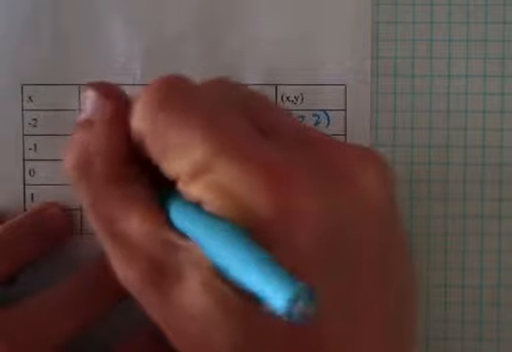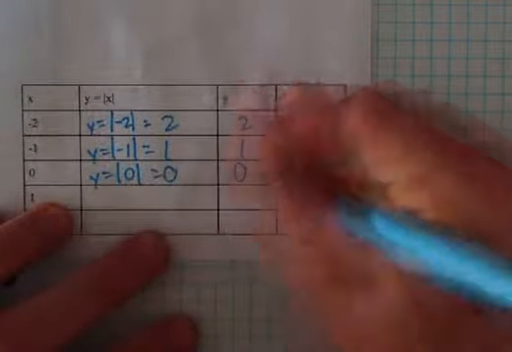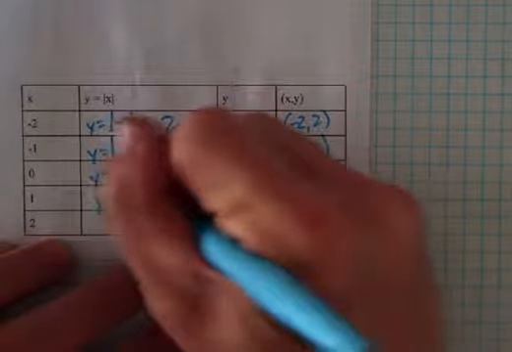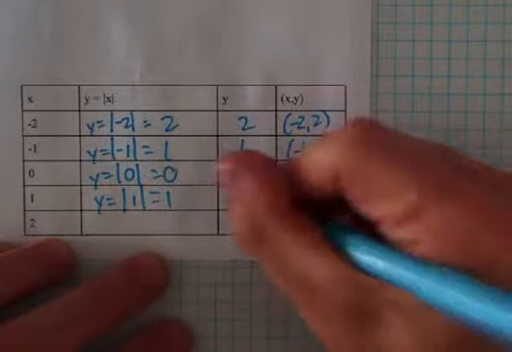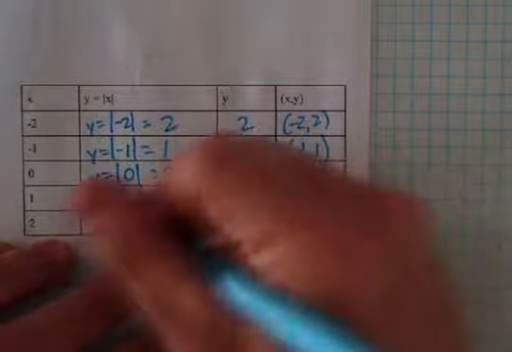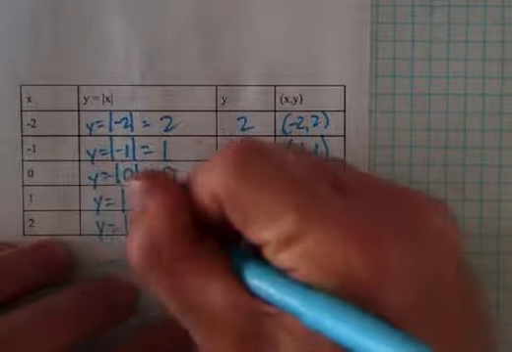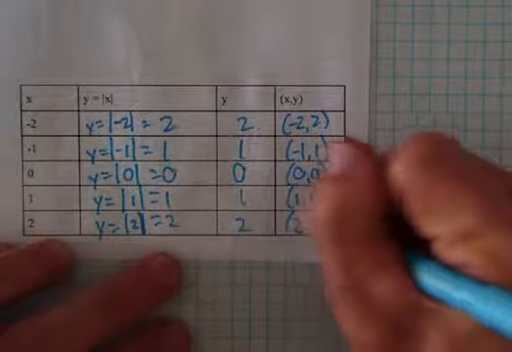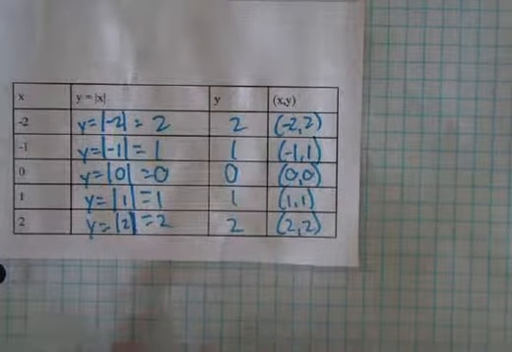Y equals the absolute value of 0, which equals 0. 0 comma 0. Y equals absolute value of 1, which is 1. So 1 comma 1. And then y equals absolute value of 2, which equals 2. So we get 2 comma 2. Now, let's graph this.